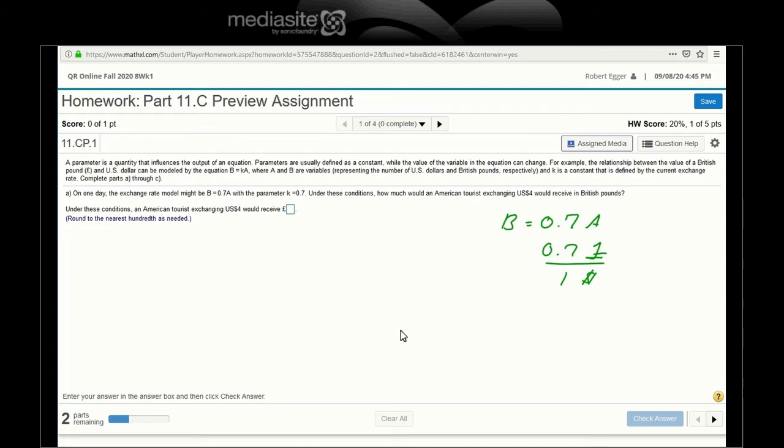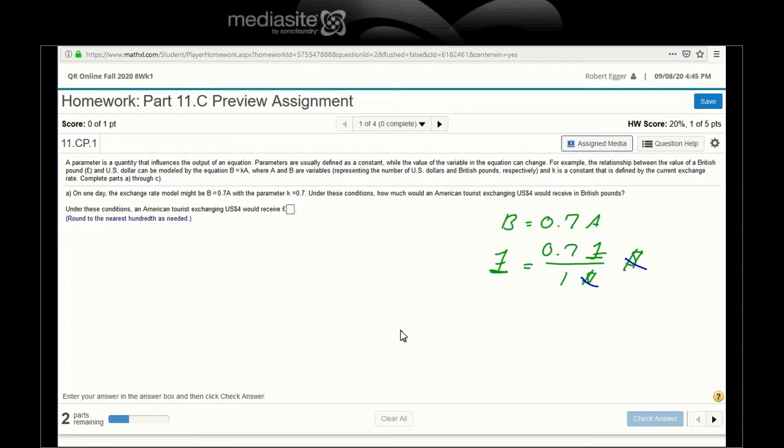Of course, A is in dollars, which would cancel, giving us the answer in pounds. Then we could do that.